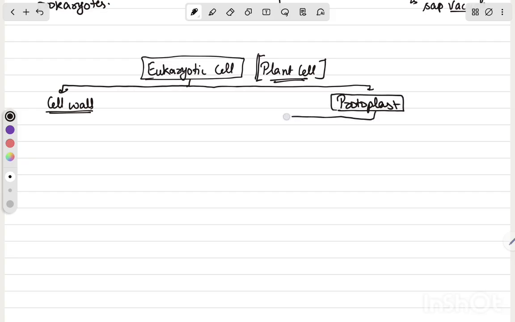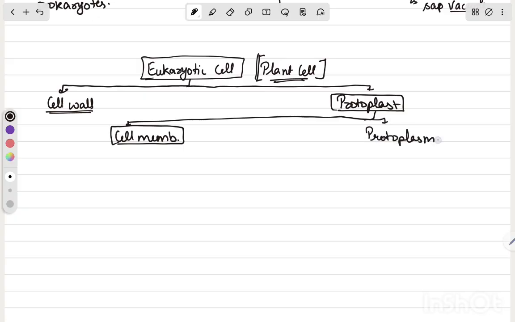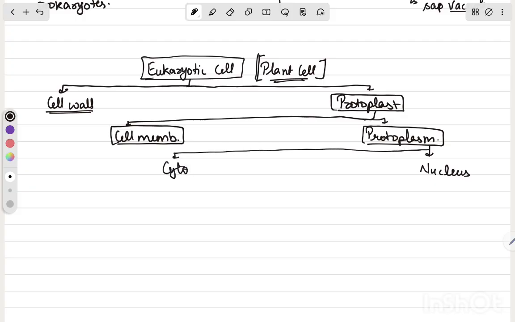Right? Now, if we remove cell membrane from that cell, the remaining component will be protoplasm. Basically, protoplasm is nothing but nucleus and cytoplasm. Cytoplasm has two components.